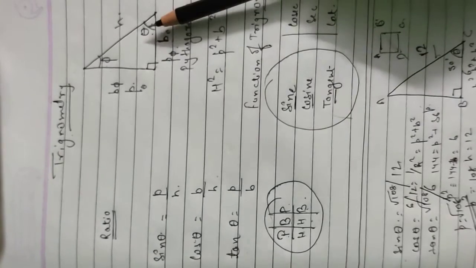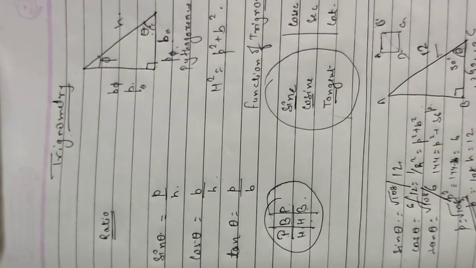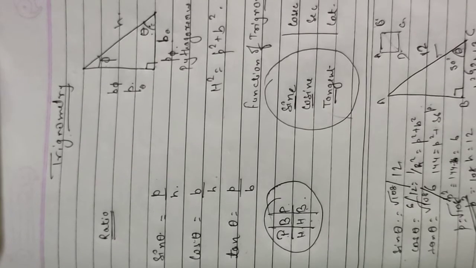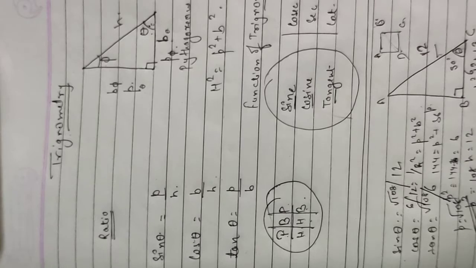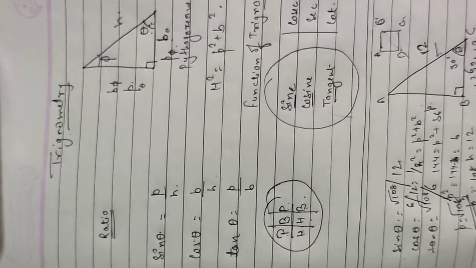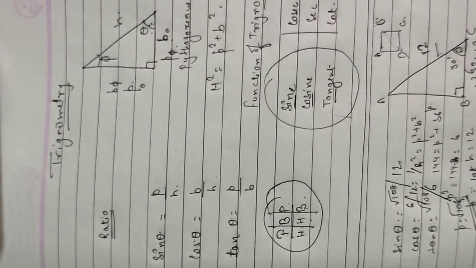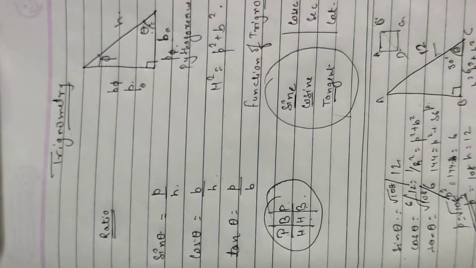You have learned how to place the angle, the perpendicular and the base correctly, and how to determine the angle and the sides. In the next video and the next class, I'll show you how these ratios combine with the functions, and that will be an interesting class. On that day we will find out what the value of theta can determine and how the value of theta can change things.